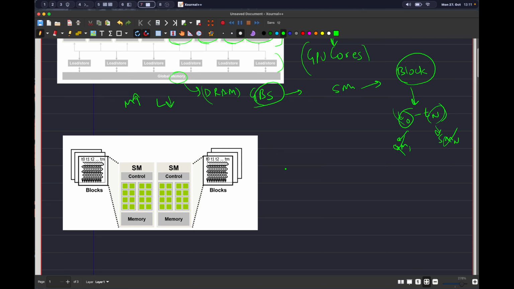Now, it can also be the case that there are multiple blocks that you are invoking, which is always the case. And a lot of those blocks can be assigned to the same streaming multiprocessor. You will observe this in the image. There are three blocks here and three blocks here. They're getting assigned to an SM here and another SM here.